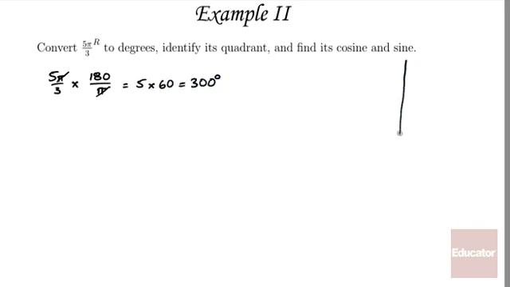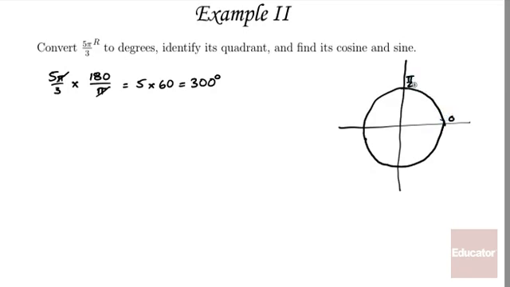And let's try and find that on the unit circle. We have 0, pi over 2, which is 90, pi, which is 180, 3 pi over 2, which is 270, and 2 pi, which is the same as 360 degrees.